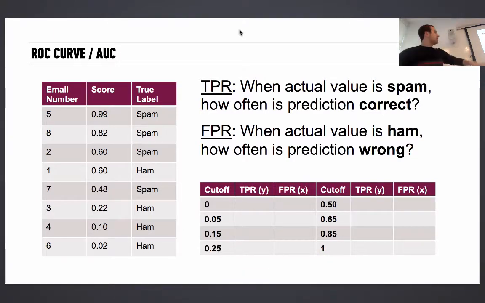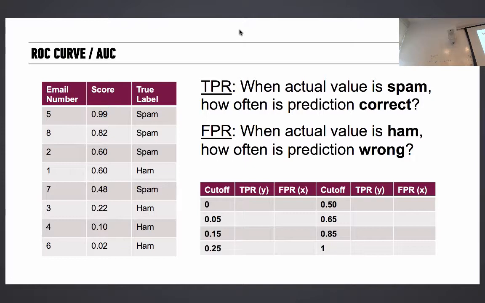Why? Well, if we choose different cutoff rates, and here in the filled-in part I'm choosing arbitrary cutoff rates. What that means is, 50% means if it's above 50%, call it spam. If it's below 50%, call it ham. And an 85% cutoff means if you're 85% sure it's spam, call it spam.